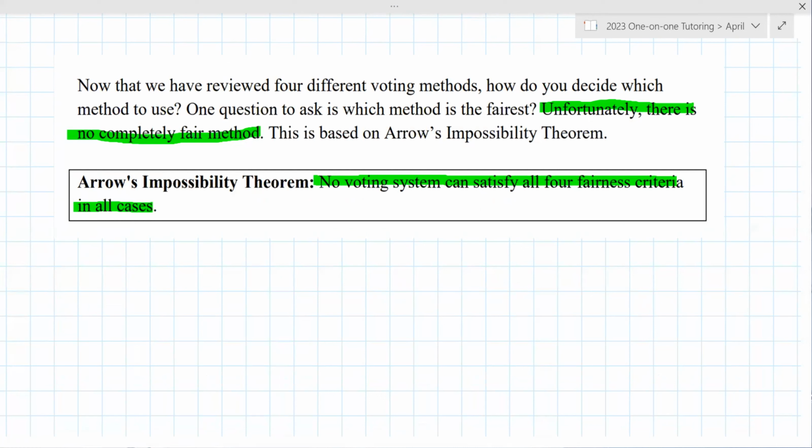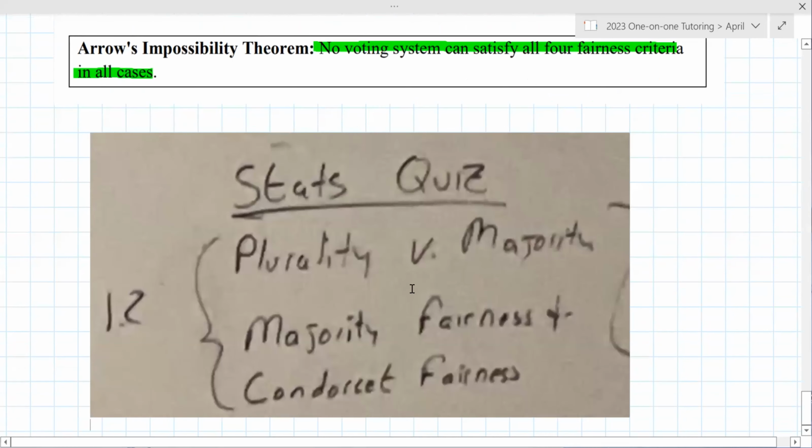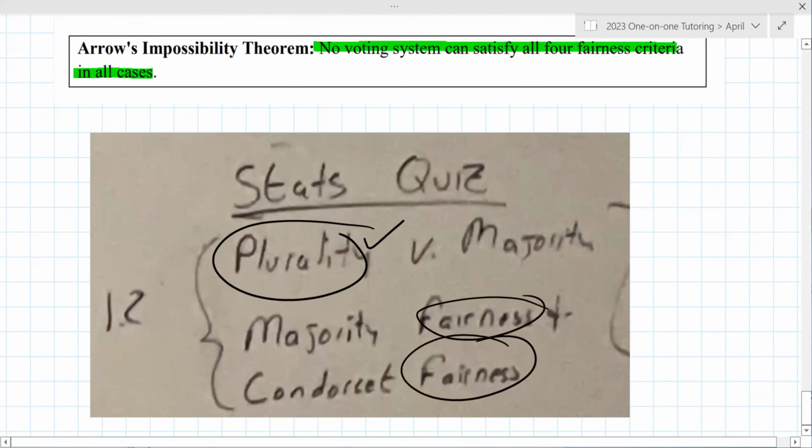Okay, let's see what else you've got to look at tonight. So I'm just looking at what's on the whiteboard here. We've talked about plurality for sure. We've kind of addressed fairness. So that's good.